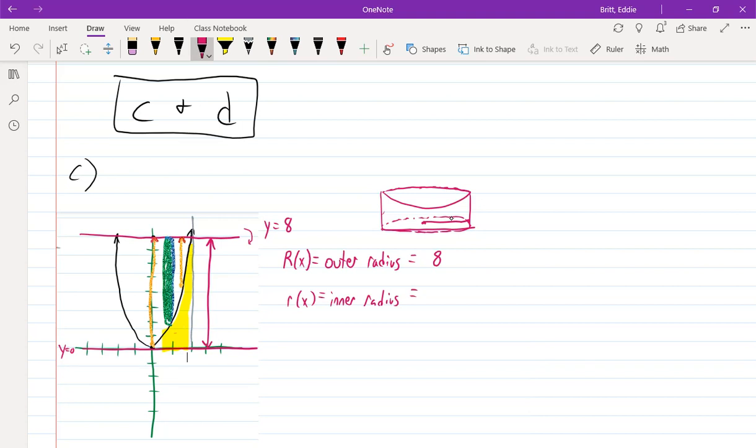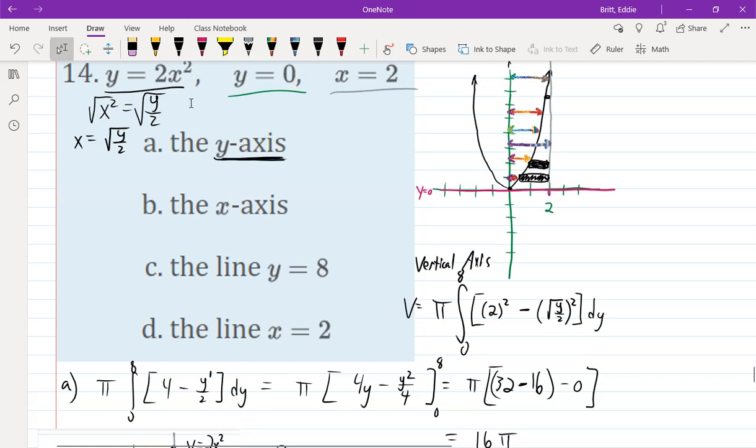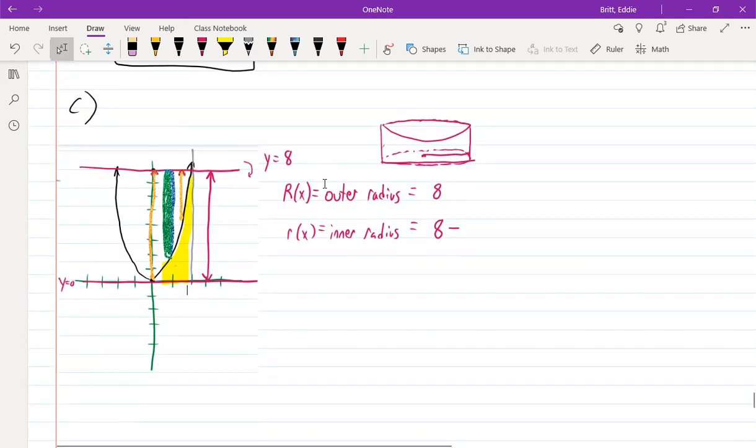So I'm doing my inner radius: 8 minus the bottom curve. And this is actually a curved curve, not just a line. The bottom curve was, I think, y equals 2x squared. Yeah, it was y equals 2x squared. So the inner radius is top curve minus bottom curve. It's going to be 8 minus 2x squared.